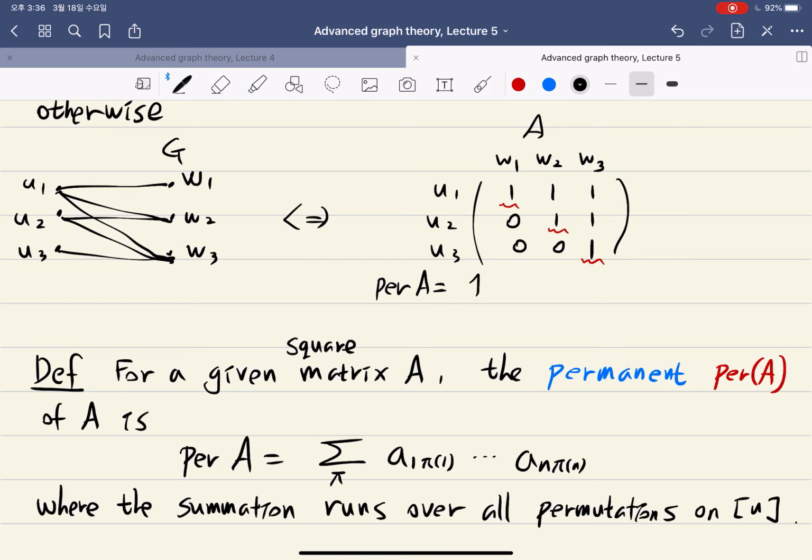So you can check the permanent is 1. And in this graph G, if you want to count the number of perfect matchings, you can see that this is the unique perfect matching. So let's write PM(G) to be the number of perfect matchings in G. Then we know this is 1.